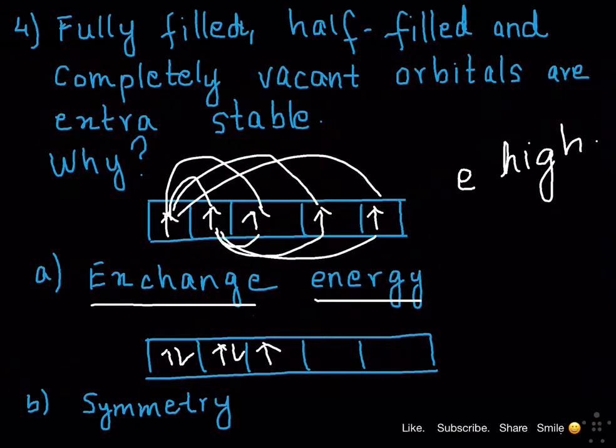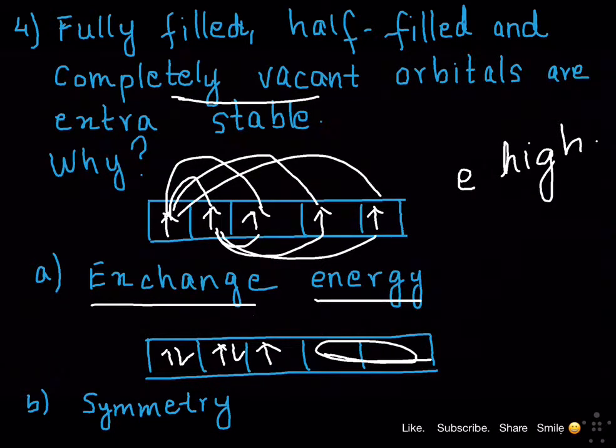They will not undergo exchange. These are completely vacant. There is nobody here. So with whom will this child play, right? So the exchange energy becomes lower. So fully filled, half filled and completely vacant orbitals are extra stable.